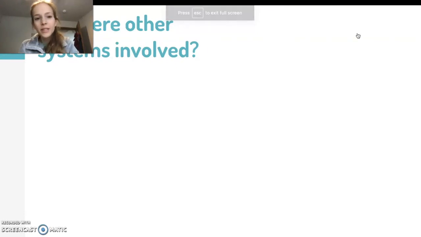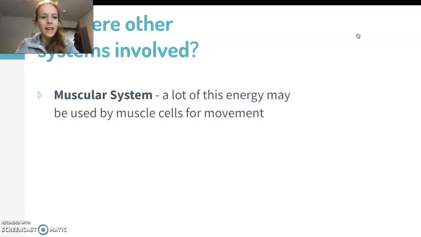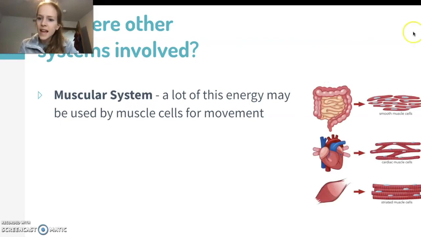So are there other systems involved besides the digestive, respiratory, and circulatory systems? Totally. Like we talked about muscles being used to move and those requiring a lot of energy. So the muscular system would be part of this indirectly. And there's multiple kinds of muscle, which I think is kind of cool. We've got the heart that beats.